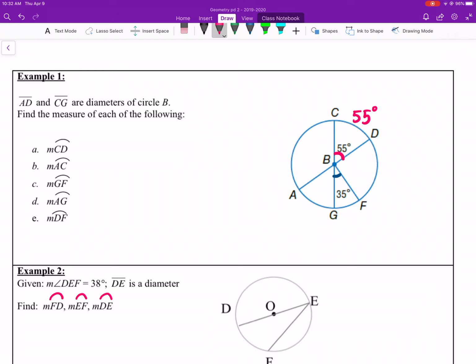All right, now, next, the measure of arc AC. So this was the 55. Let's take a look at arc AC.